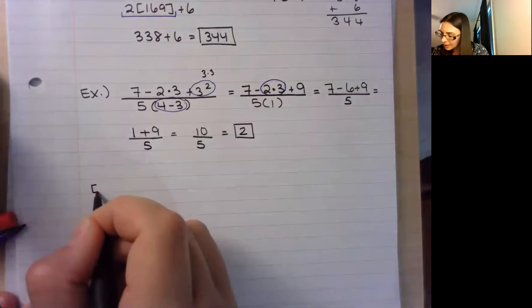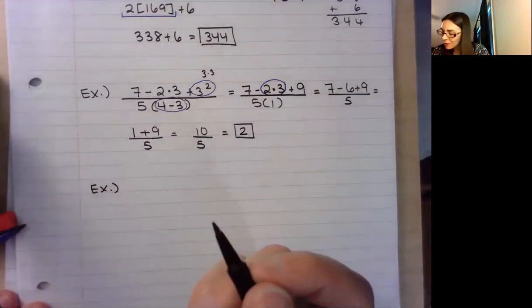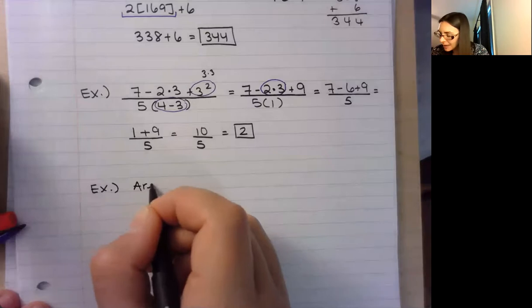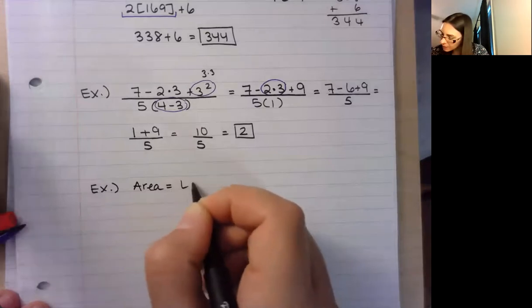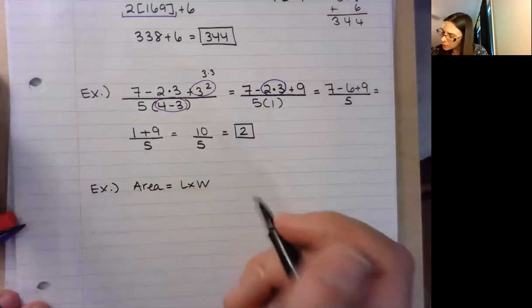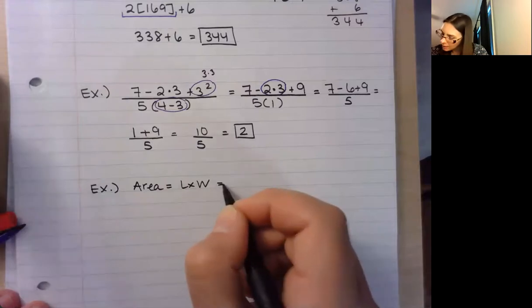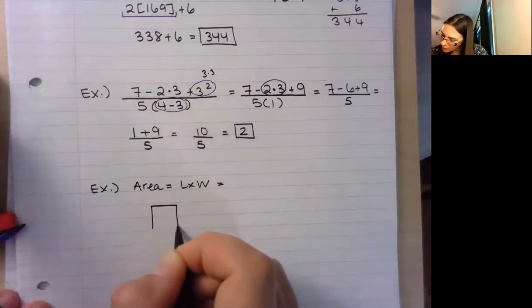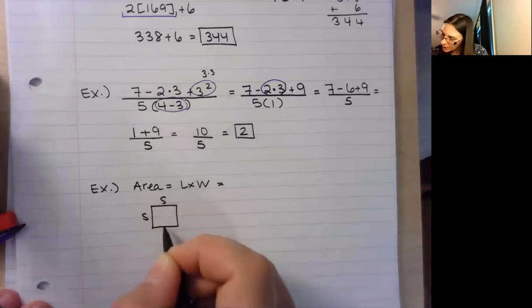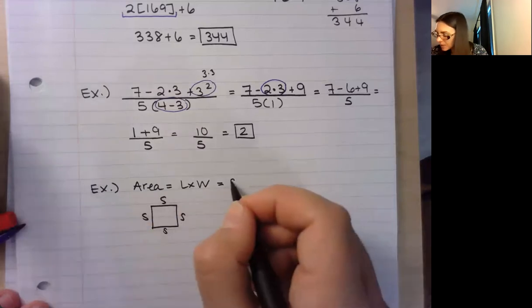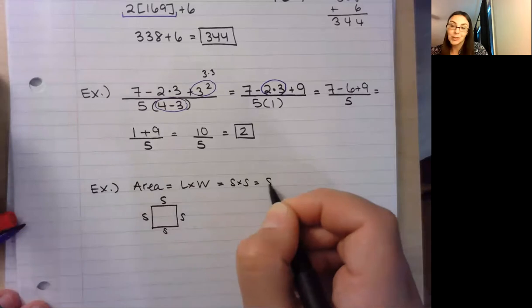One last thing, just a little silly example here. I know before we talked about area, right? The area is the length times the width for a rectangle, but we also saw when we have a square, the length and the width are the same, so you just have the sides. So instead of doing side times side, we can do this as side squared.